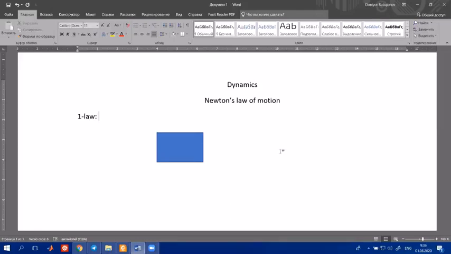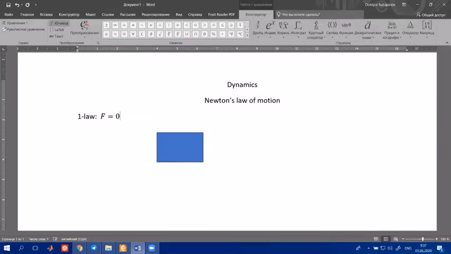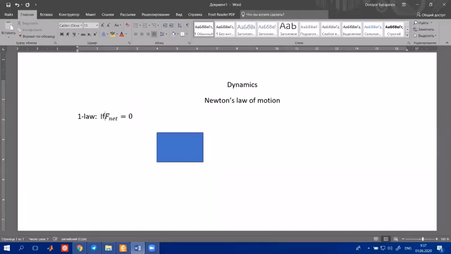This is Newton's first law. So if the net force is equal to 0, then acceleration is also 0. This is the mathematical form of Newton's first law.